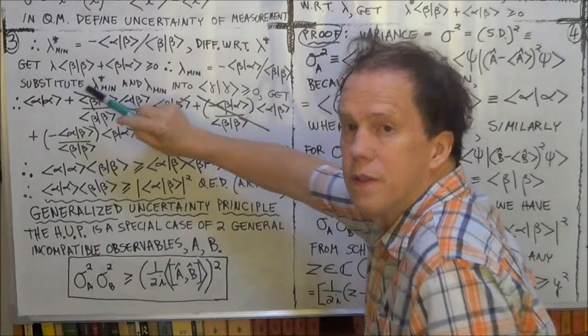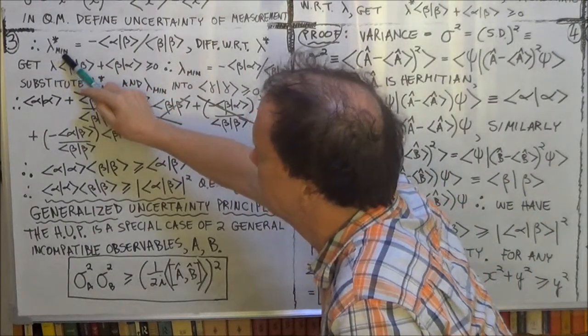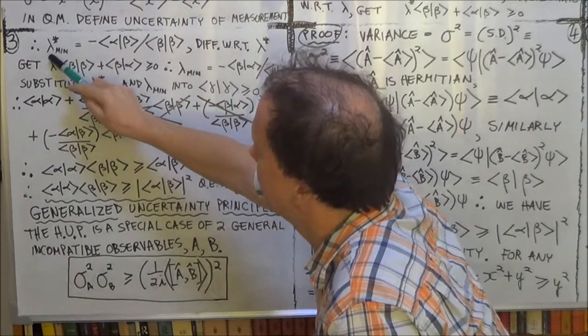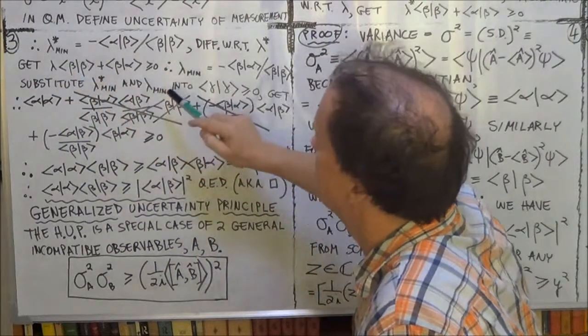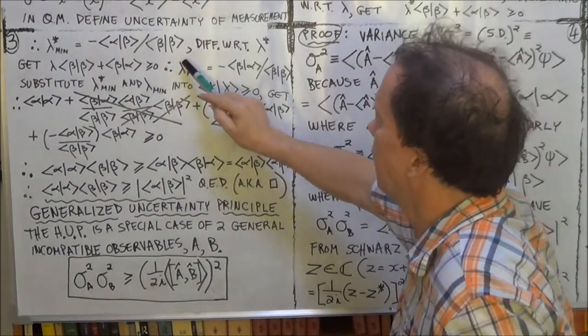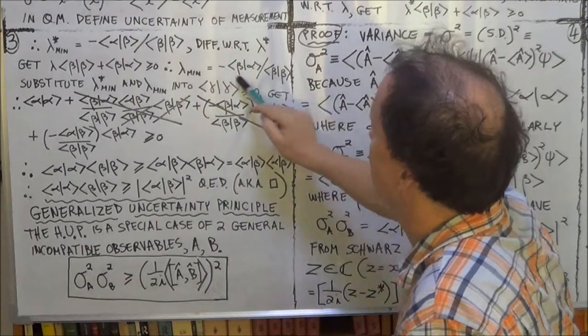So you've got this lambda star at the minimum value of bracket gamma gamma, and you've got a similar expression for lambda at the minimum value. That's this.